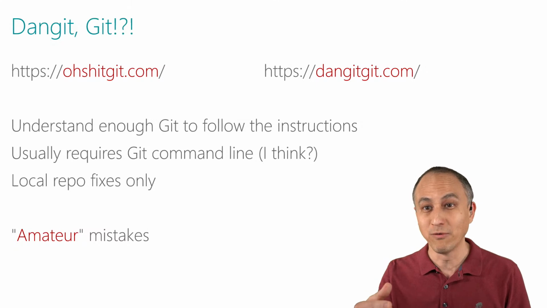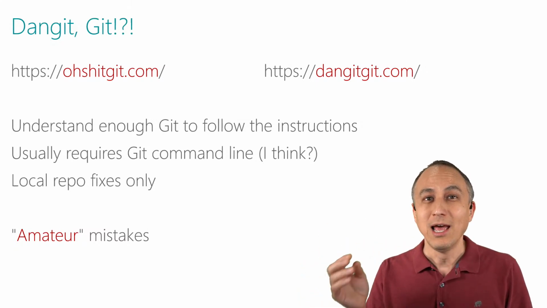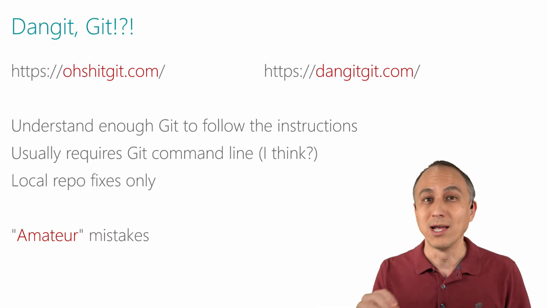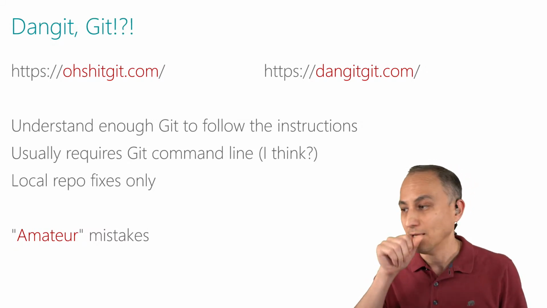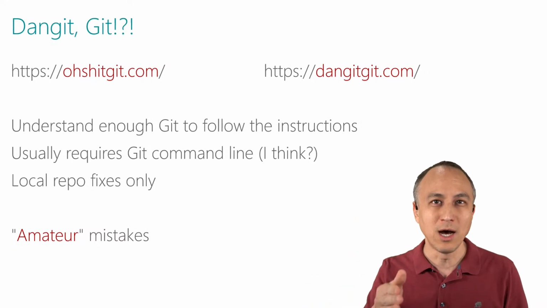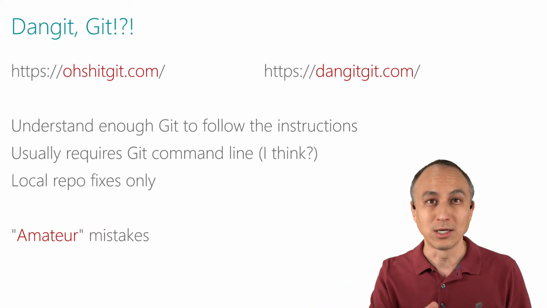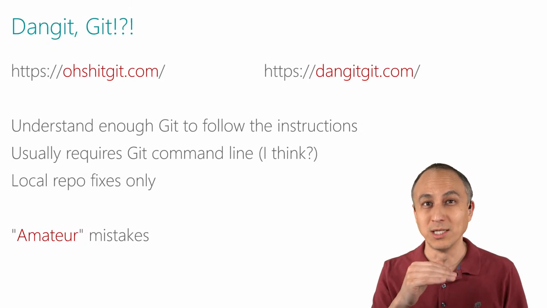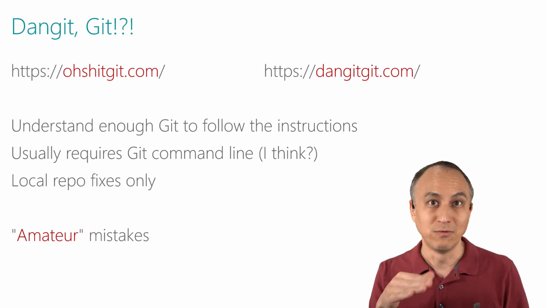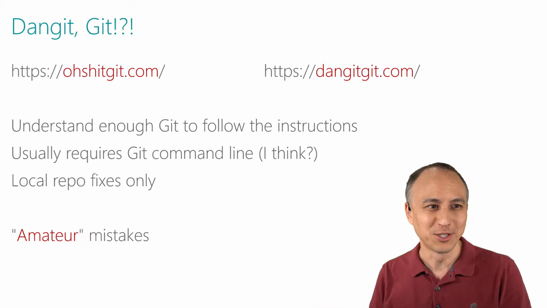I've seen this site before. It looked like Greek to me, and I would have been a fool to try and follow any of these instructions. I just would have made my problem worse. Now that I know enough Git to follow these instructions, I now know which instructions I can try to follow and which ones I shouldn't even attempt to follow. And I will demonstrate those.